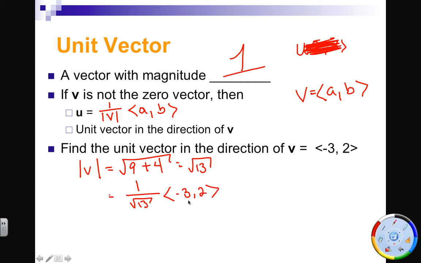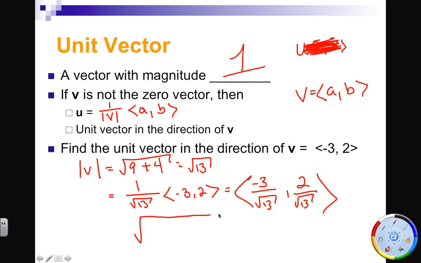And that's actually it. You can leave it like this, or you can multiply it through. You could simplify these fractions as well. But what I want to verify here is that the magnitude is actually equal to 1. So I'm going to find the magnitude of this new vector. I know it's ugly, but don't worry.